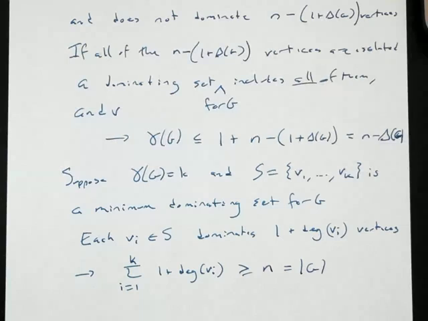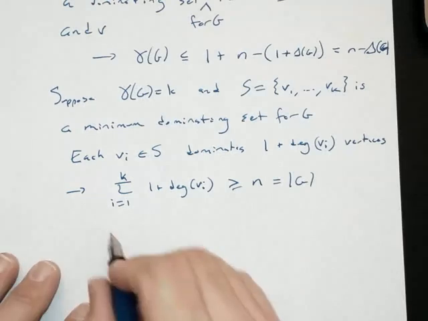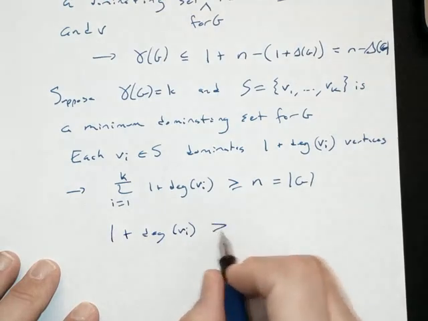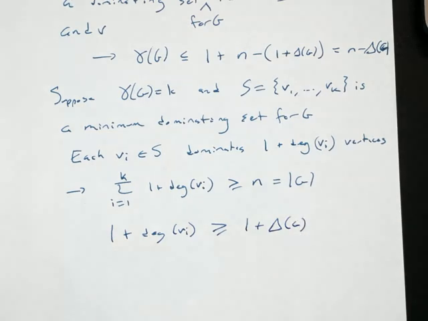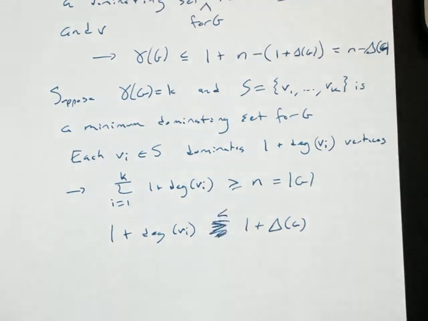Well, wait a second. One plus the degree of v_i is also less than or equal to 1 plus the maximum degree. Right? Oh, that went the wrong way. I said less than or equal to and wrote greater than or equal to. I need to write down what I actually say. Oops.